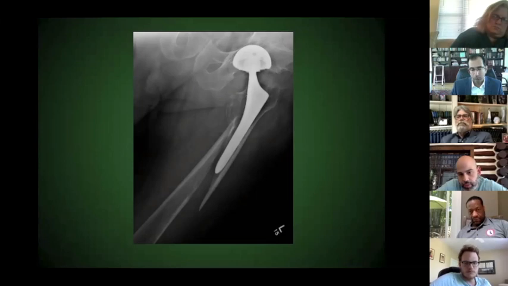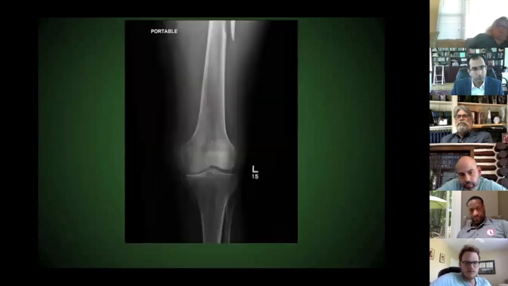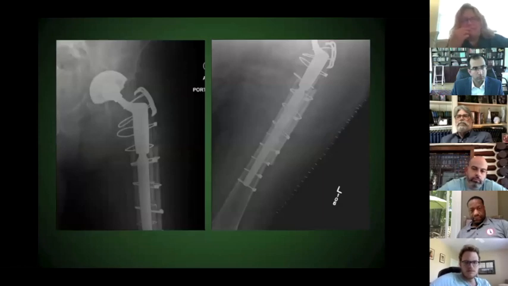Can we go to the next slide, please? This is an X-ray of the knee. Next slide, please. So this is further along in my arthroplasty career. We got in there, the stem was actually well fixed, but that spike of the distal shaft of the femur went very high up into the trochanteric region.